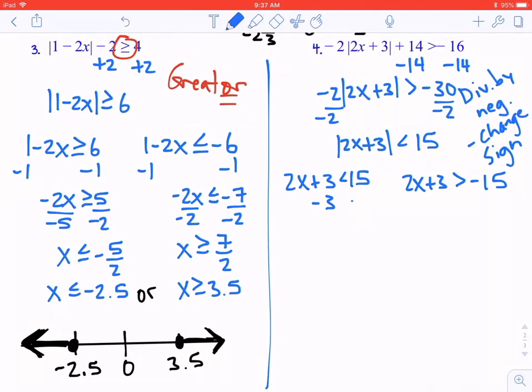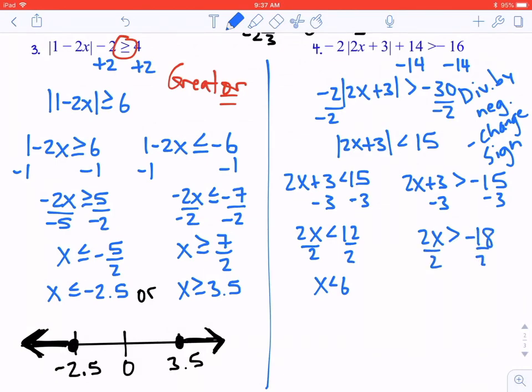So let's subtract 3 from both sides. And we bring down 2x is less than 12. Divide both sides by 2, so x is less than 6. And then let's look at the other one. So let's subtract 3. We have 2x is greater than -18. Divide both sides by 2, and x is greater than -9.